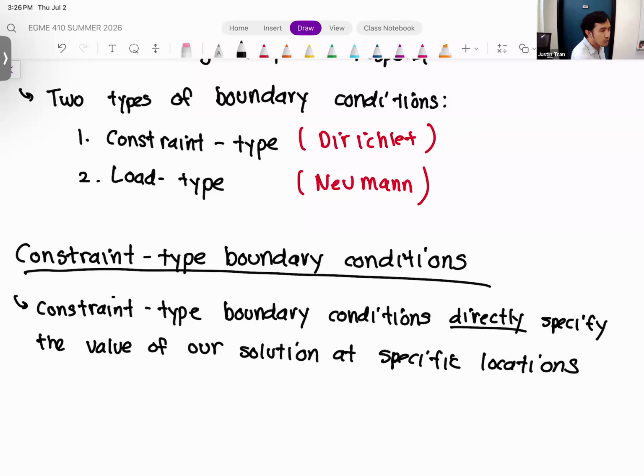Any type of boundary condition where we're directly saying that the solution has to be this at this location, I consider a constraint type boundary condition.